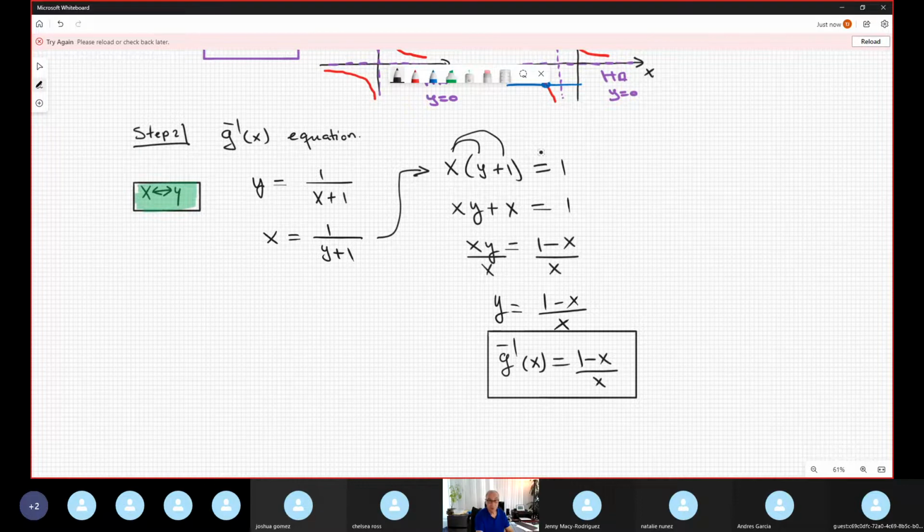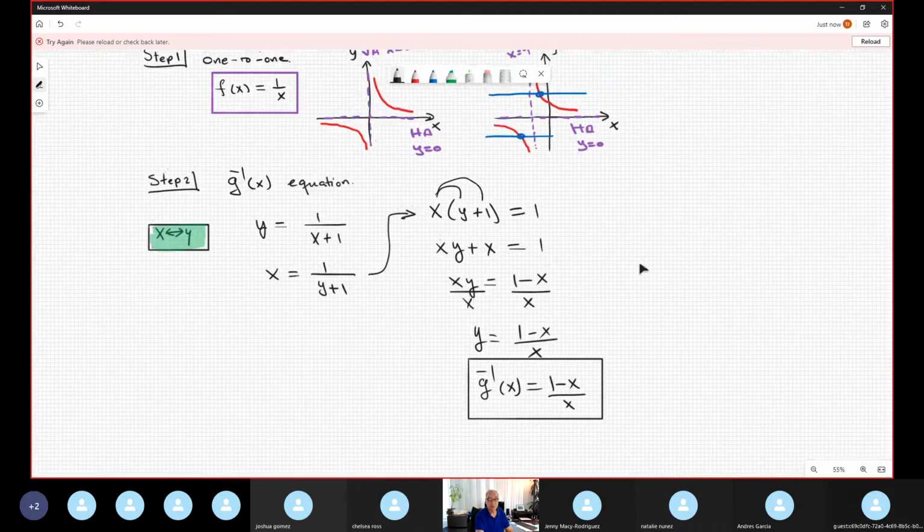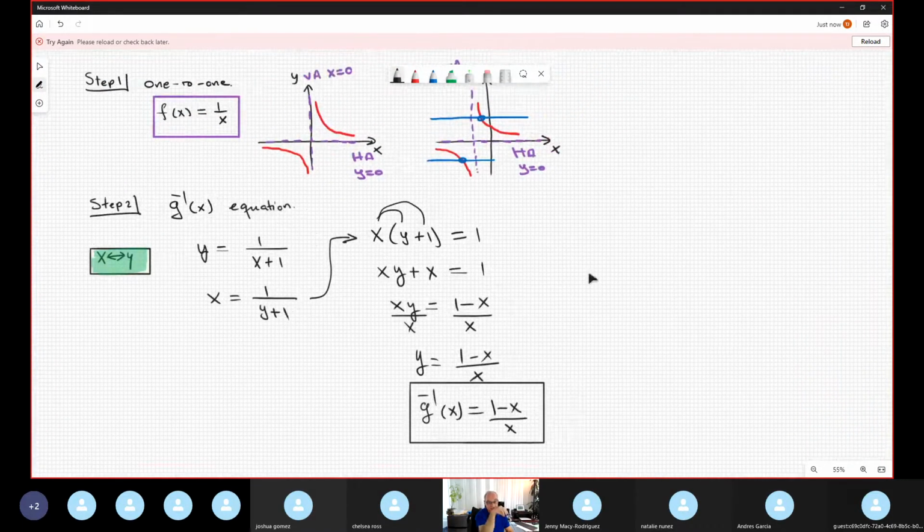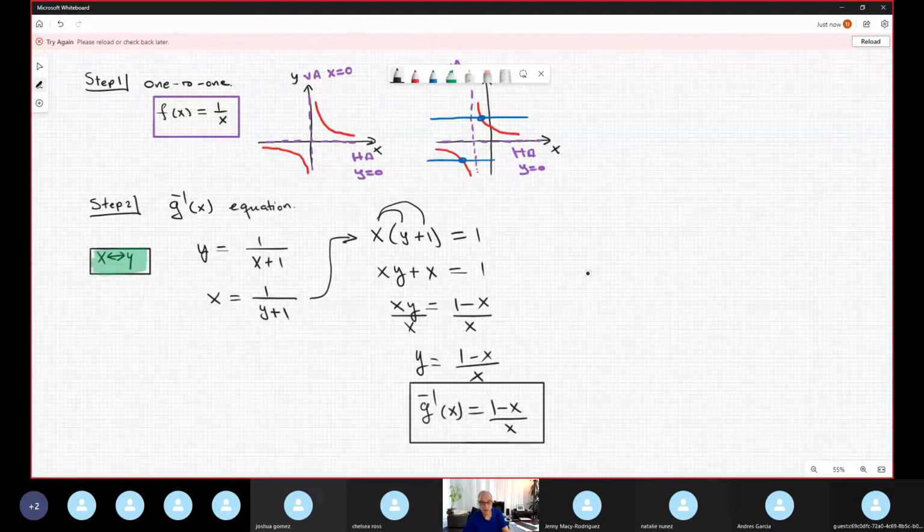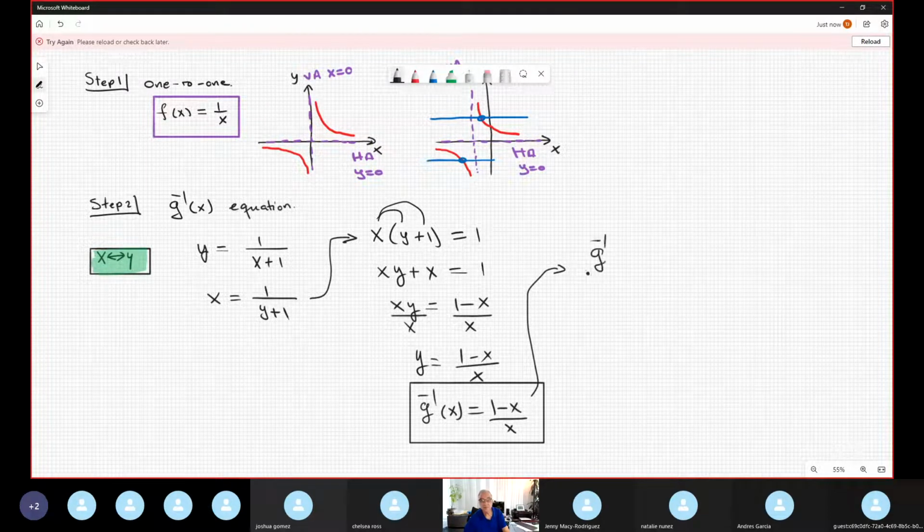Do you understand the algebra part very well? Yes. Okay, if you want to visualize this graph a little bit, one way is to split this common denominator and you get 1 over x minus 1. Basically, it's the same idea as before. Look, this is the graph of 1 over x.